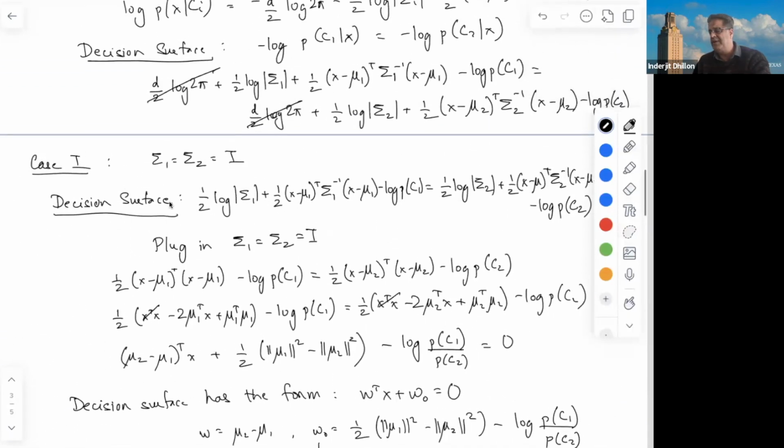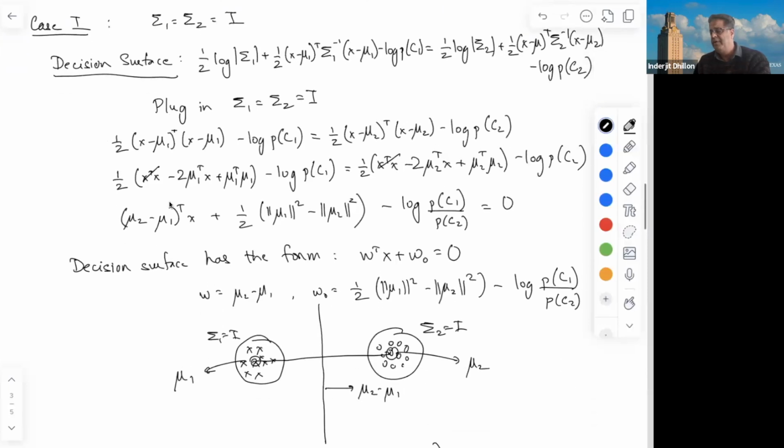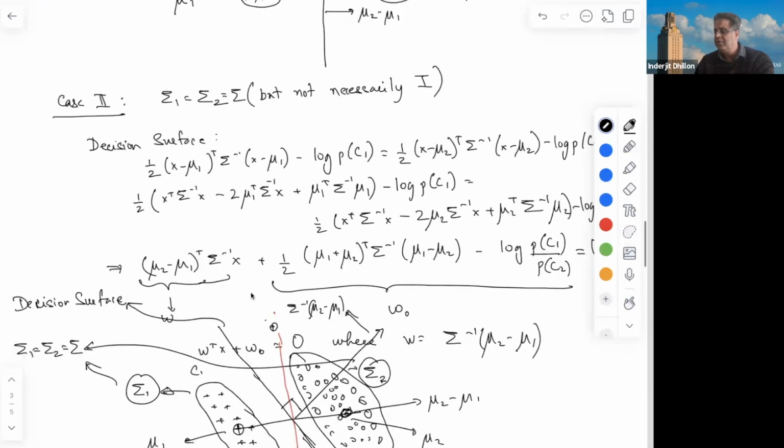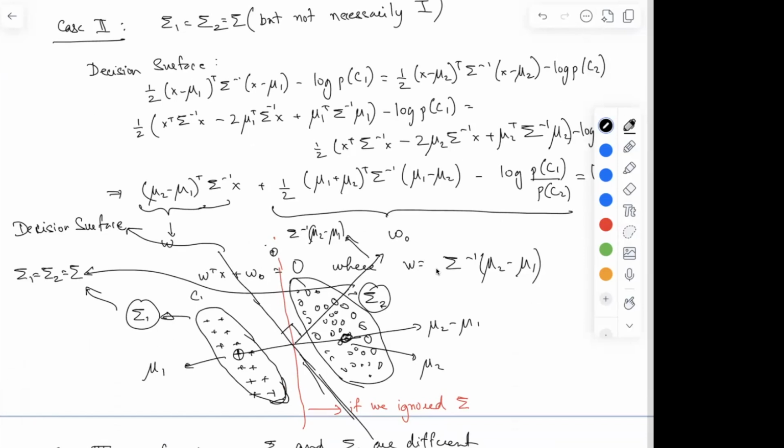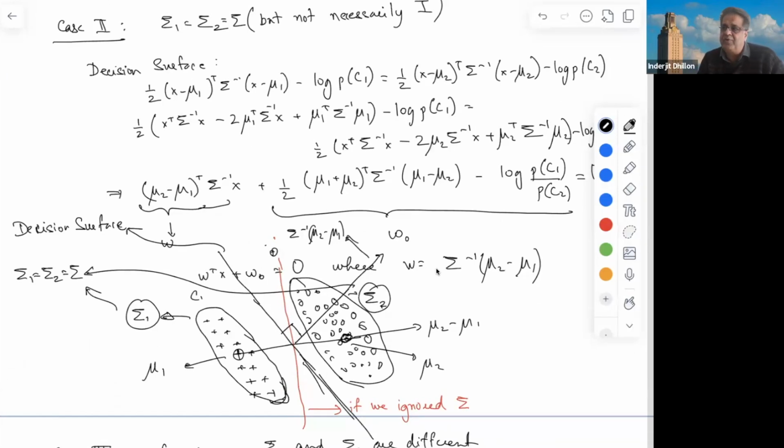Notice that in case 1, the surface is actually quite simple. But in case 2, you have this matrix sigma. Where does sigma come from? Where does mu1 come from? It's from the training data, right? So you can do something like a maximum likelihood estimate of mu1, and a maximum likelihood estimate of mu2.